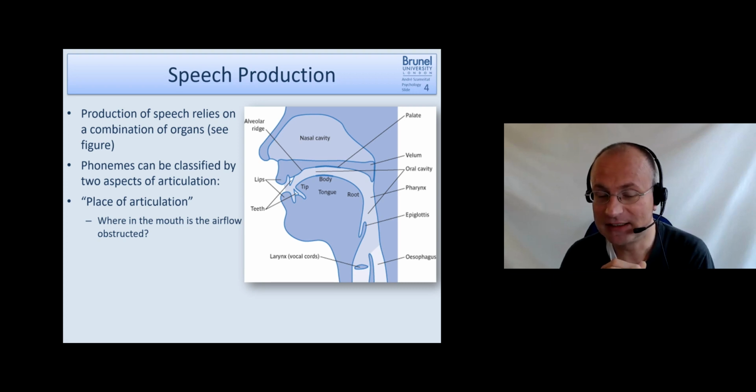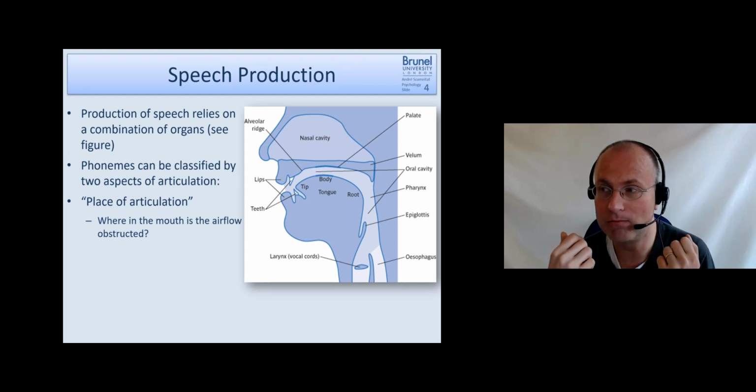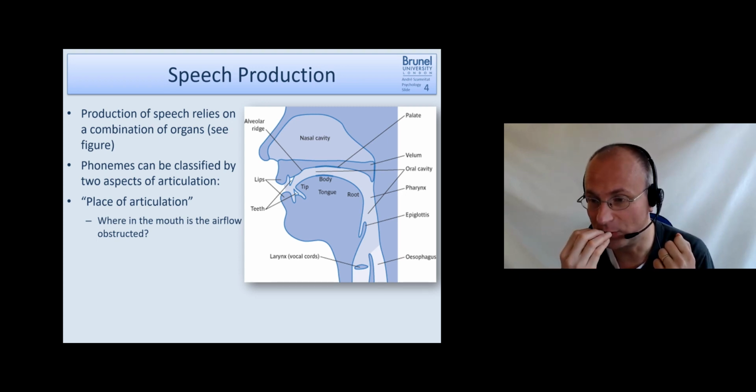Another example is we have so-called plosive sounds, where we put up a pressure and then release the pressure suddenly. So in the P, when we produce the letter P, like in pressure, we close the lips and then we release it.